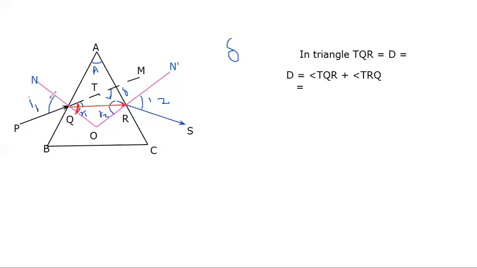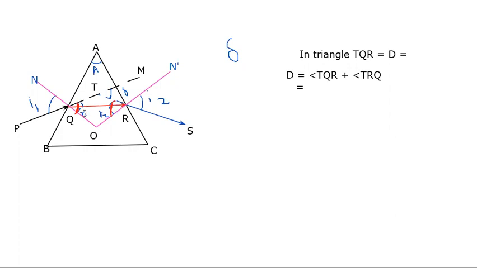TQO and this I1 angle are same, right? Vertically opposite angles. Yes, sir. And this angle TRO and I2 are same. Yes, sir. So what is this TQO? I1, right?